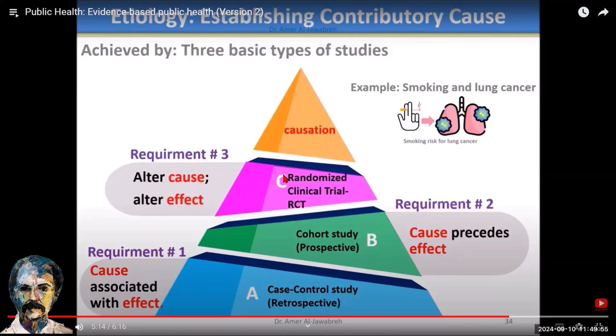They will fight you and hire other scientists to undermine your efforts and to prove that your results are baseless and useless. And that's what happened with the tobacco companies. But in the end, after 50, 60 years, they managed to prove that smoking causes lung cancer. So by the time you reach causation, lots of effort.